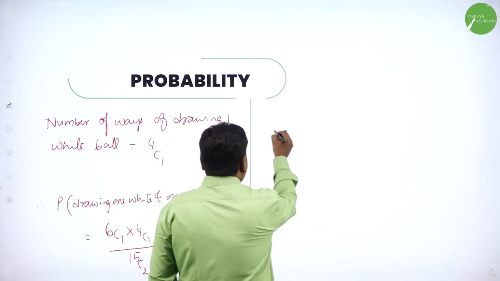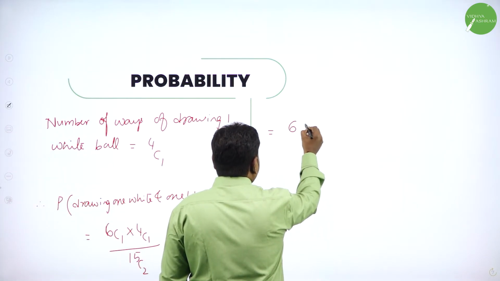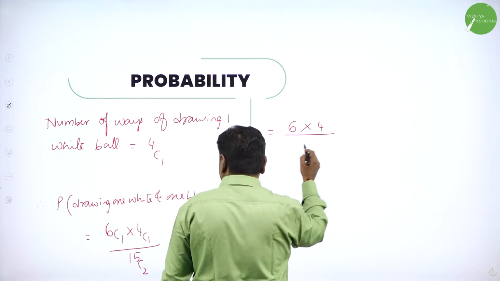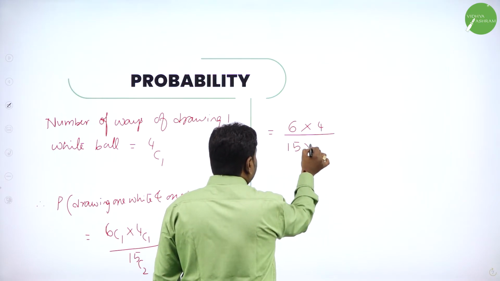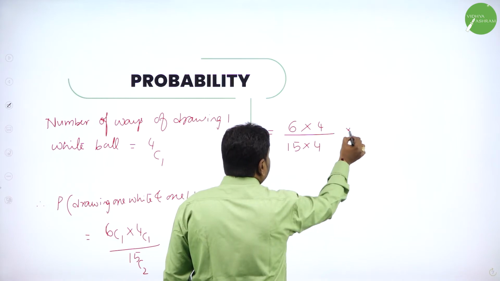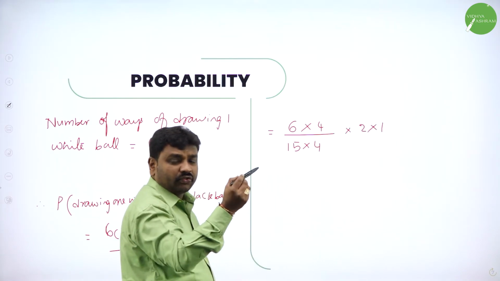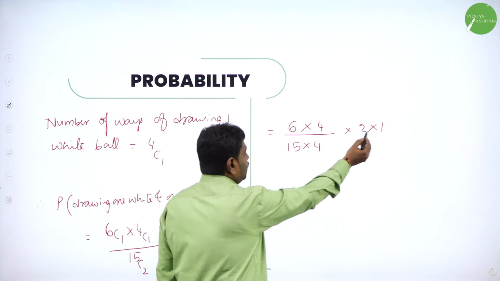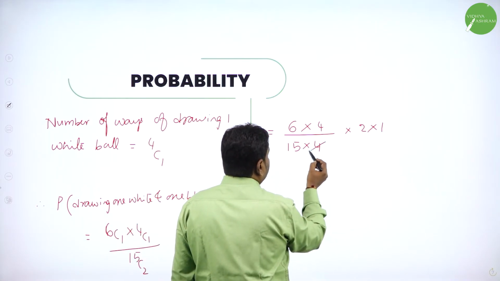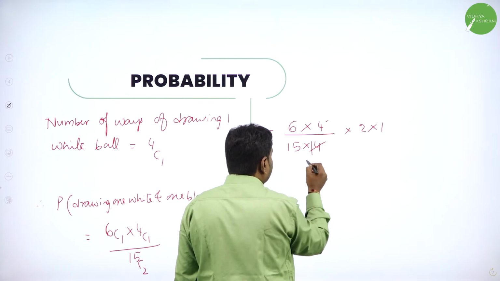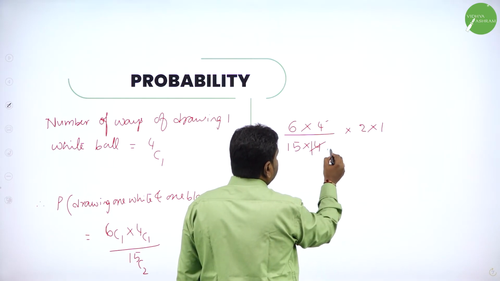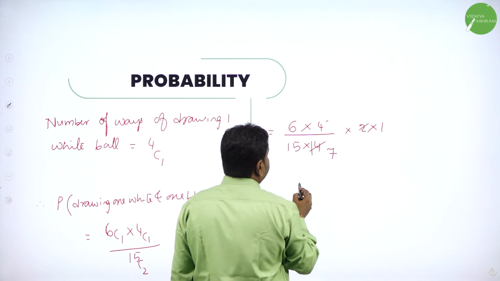Simplify that. All of you know 6C1 is 6, 4C1 is 4, divided by 15C2, which is 15 into 14 divided by 2 into 1. Instead of denominator, I'll write it in numerator. Now 2 cancels, 2 7s are 14.